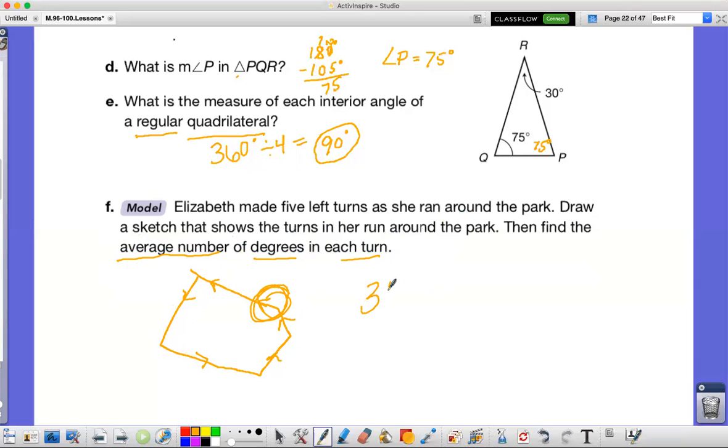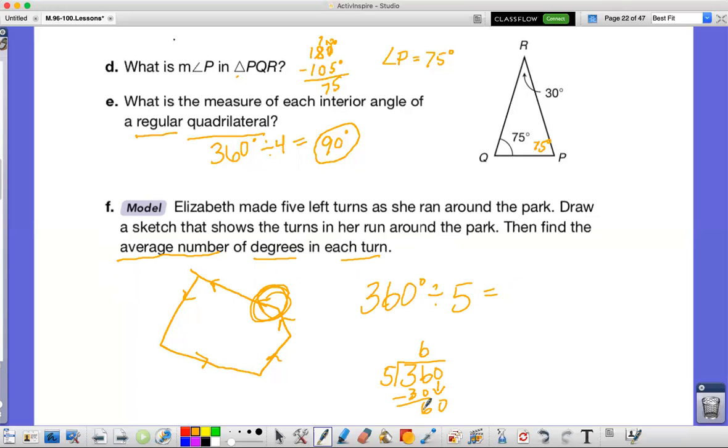Here's what you need to do. 360 degrees, right? So she's facing the same direction she originated, and that's going to be divided by however many turns she made, and she made 5 turns. So I need to do 360 divided by 5.